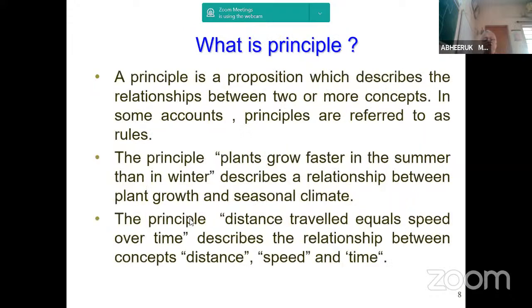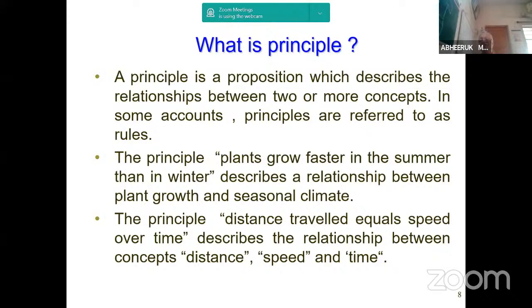Now principle, in short, I will explain. A principle is a proposition which describes the relations between two concepts. Take Newton's laws. Before teaching Newton's laws, a lot of concepts are defined: velocity, acceleration, then momentum.